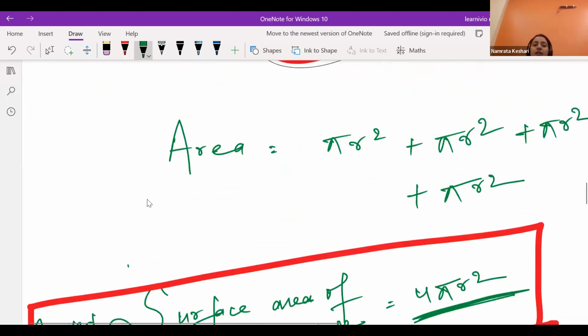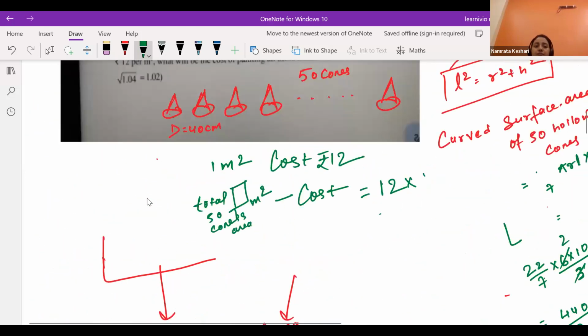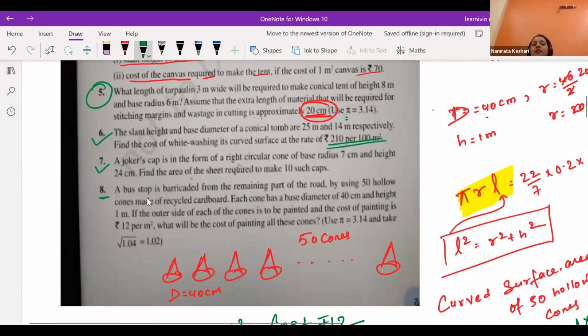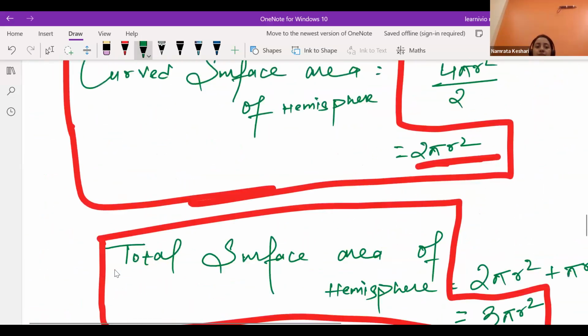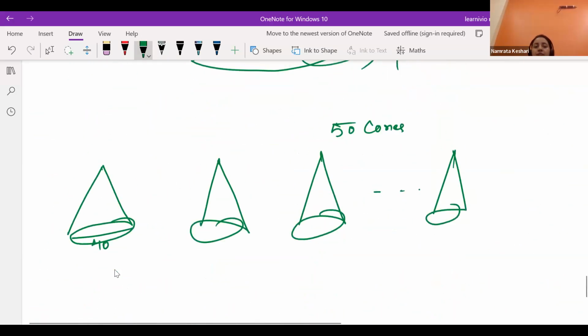Here it is given that the bus stop is barricaded using 50 hollow cones made of recycled cardboard. Each cone's base diameter is 40 centimeter and height is 1 meter.